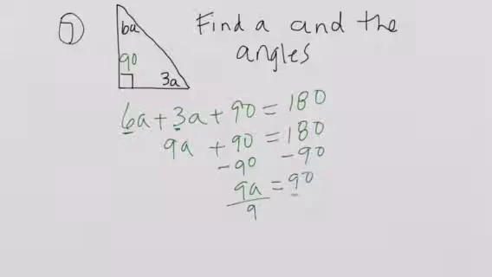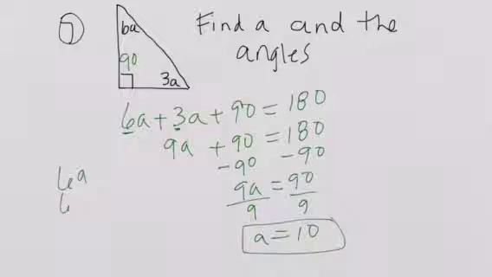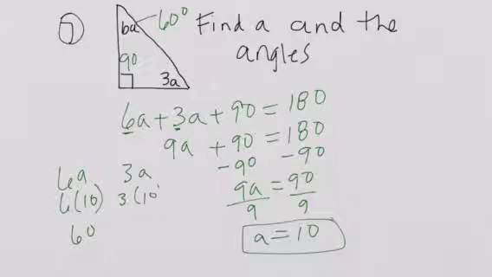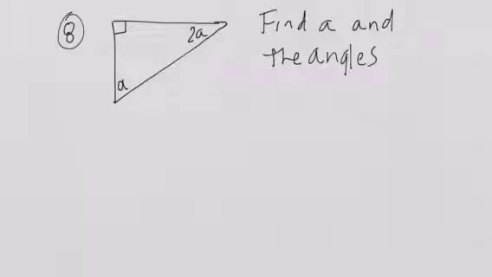Divide by 9, divide by 9, A is equal to 10. So now we have to go find our two other angles. So 6A would be 6 times 10, which is 60. So this is going to be 60 degrees. And 3A would be 3 times 10, so that's going to be 30 degrees.